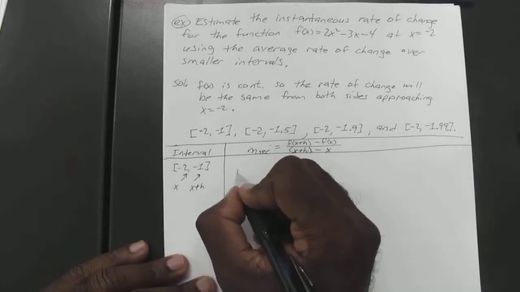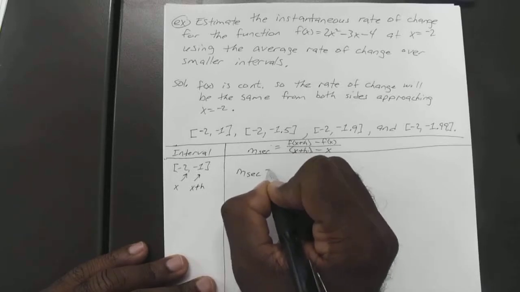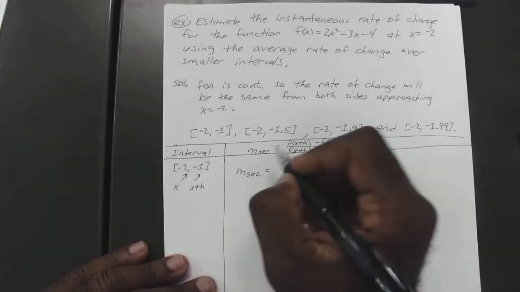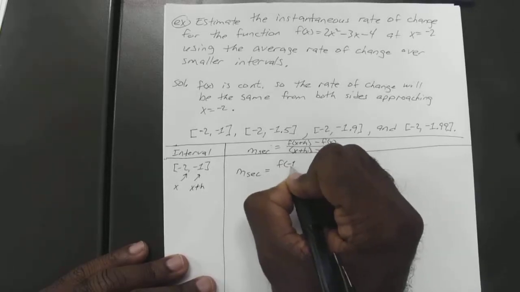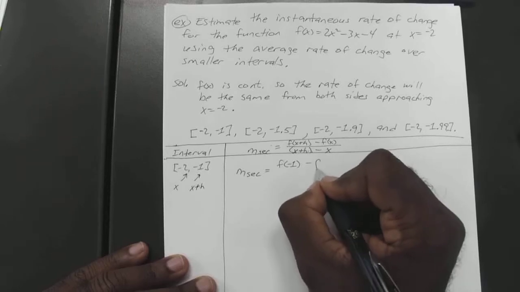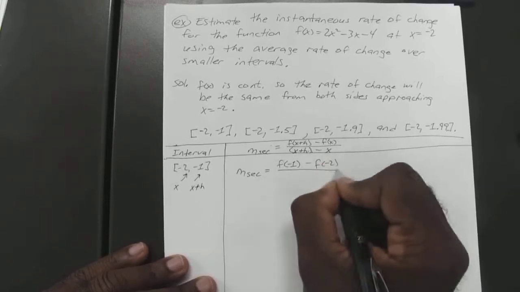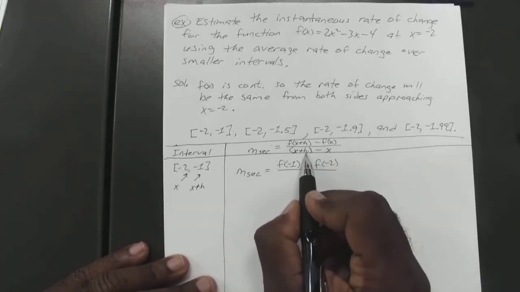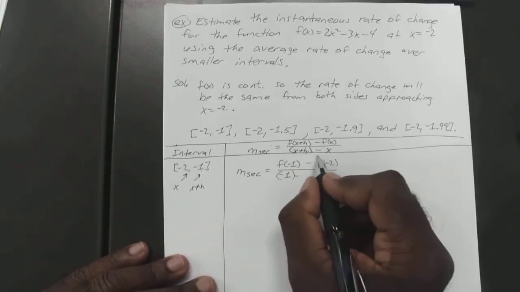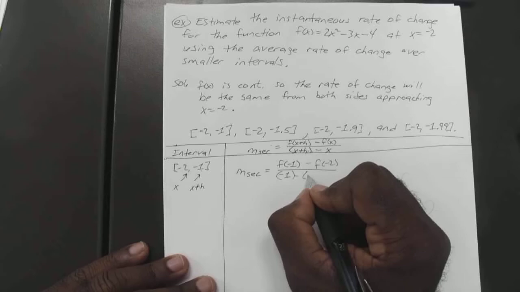Okay, so that means the slope of the secant line is going to equal your f of x plus h, which is f of -1, minus your f of x, which is f of -2, all over x plus h, which is -1, minus your x, which is -2.